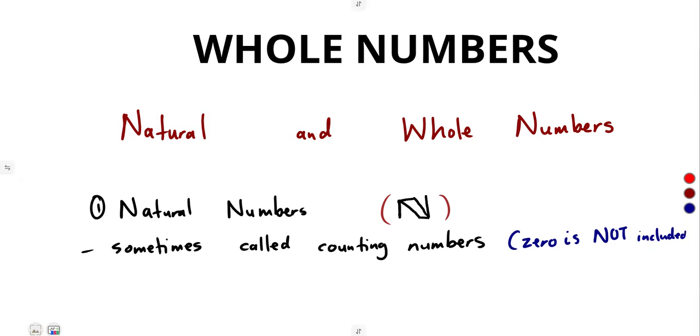You do not include the zero when you are counting. That's one, two, and so on.